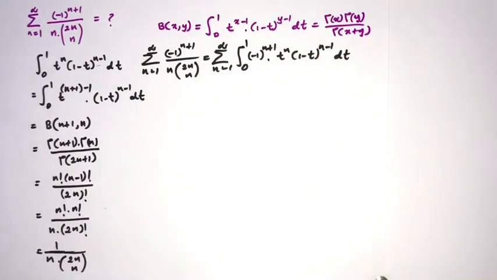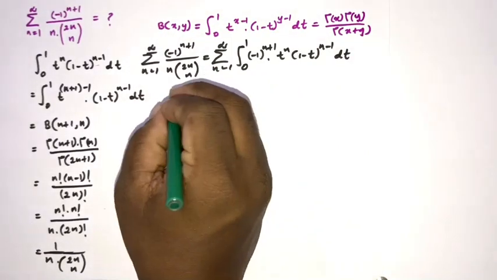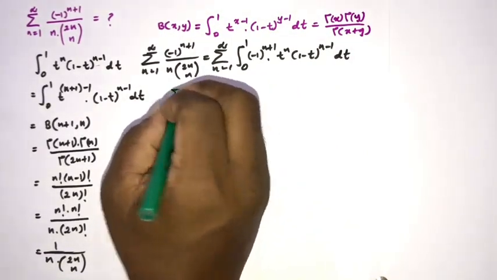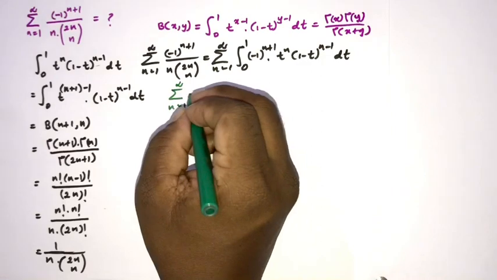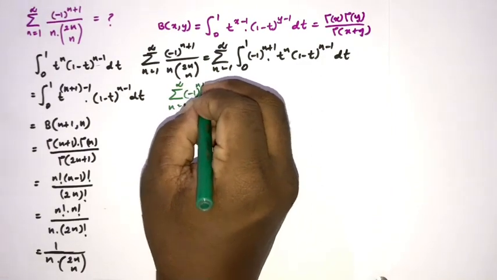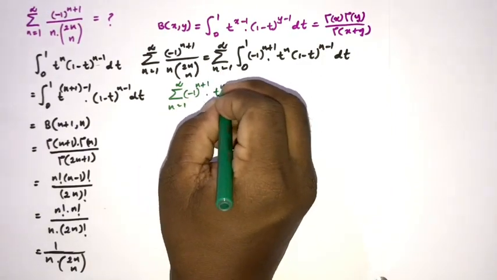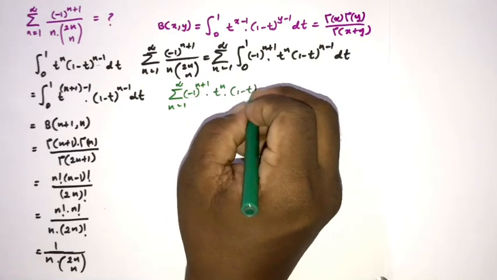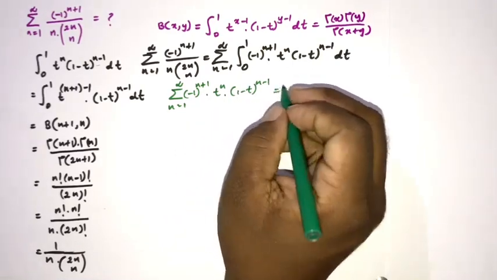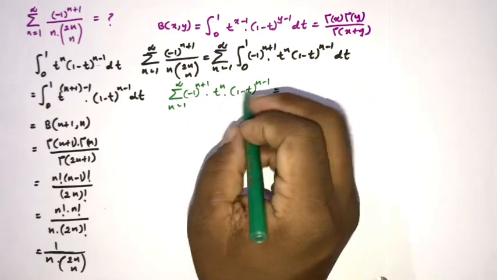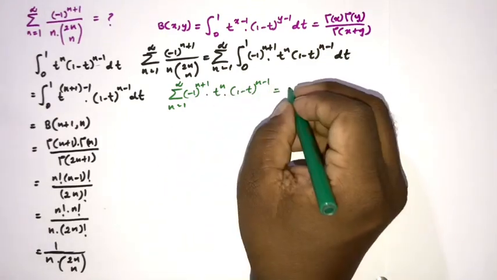Okay, if we take this sum, n equals 1 to infinity of (minus 1) to the n plus 1 times t to the n times (1 minus t) to the n minus 1. If we apply 1 here, we have t.